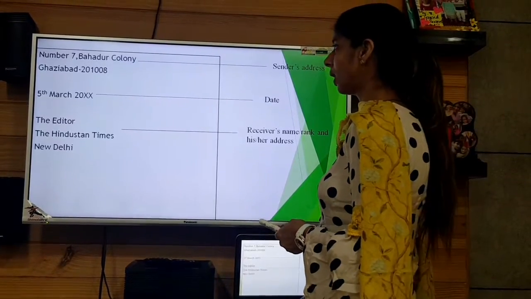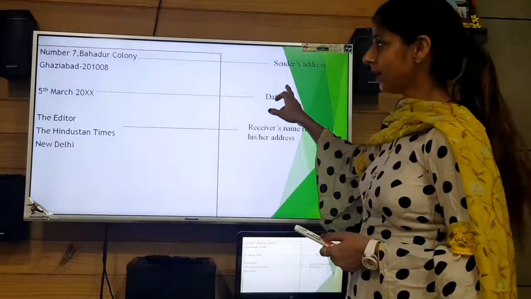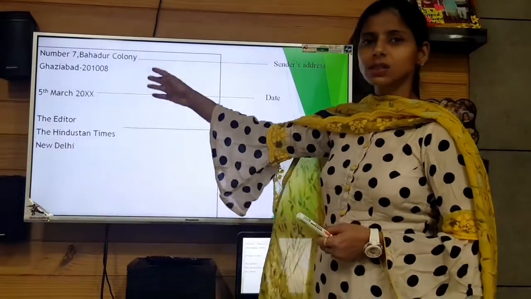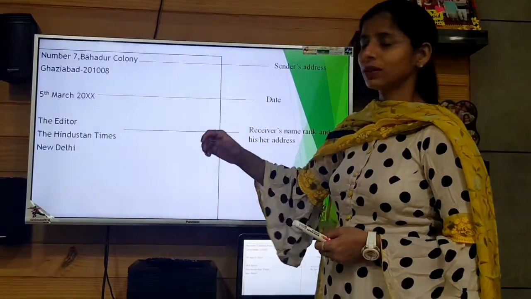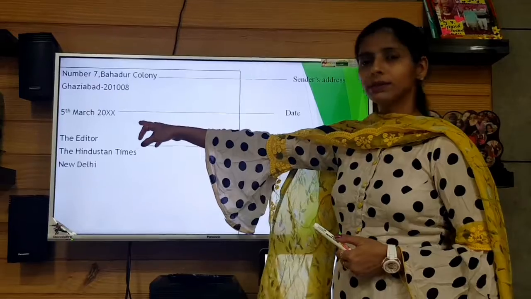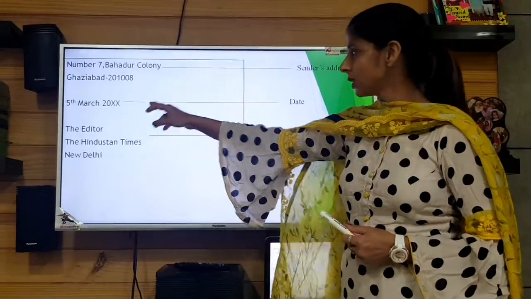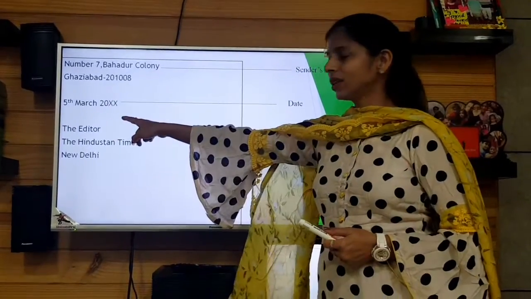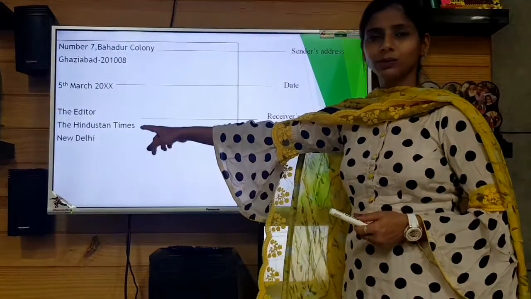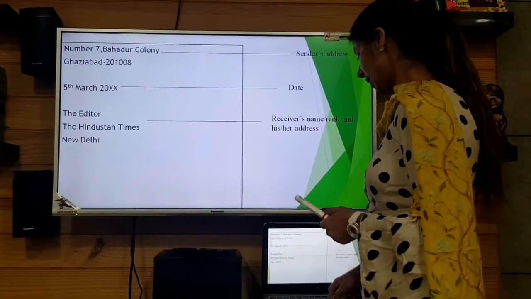So let's see how we do it. So here, sender's address, right? And then just assume one, as it was not given in this statement, so you may write any. So here, date, after leaving a gap, you need to write down the date. And then after leaving a gap, you need to write down the receiver's address. And then what else?